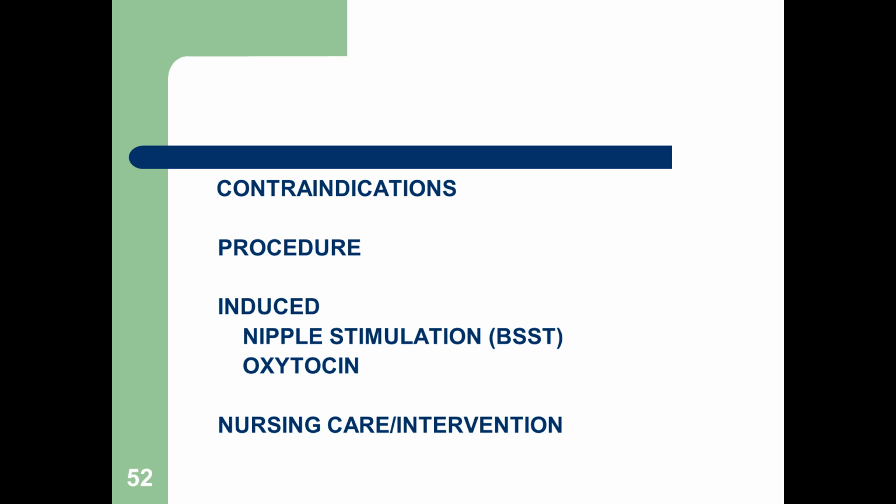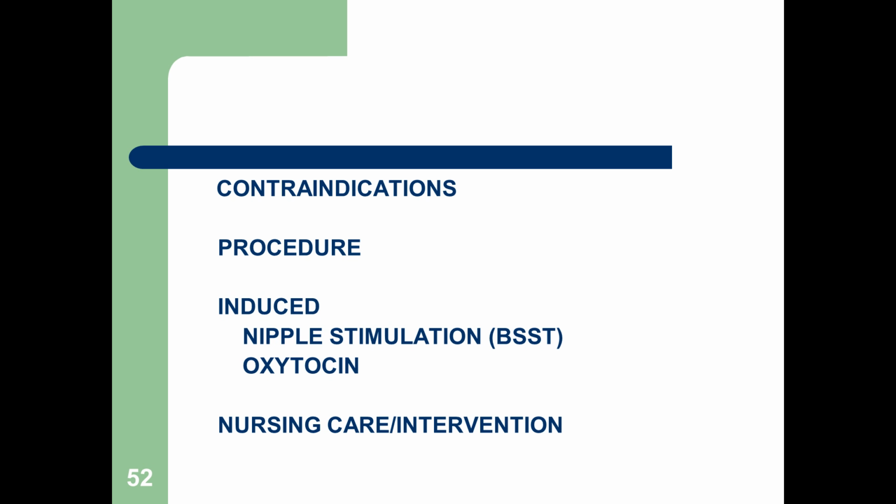Nursing care: explain the procedure or reason for the test, the equipment, the normal variations; a consent form is necessary. You put the patient in semi-Fowler's, usually a side-lying position, with external monitors for the contractions and the fetal heart rate. Usually you obtain a baseline.